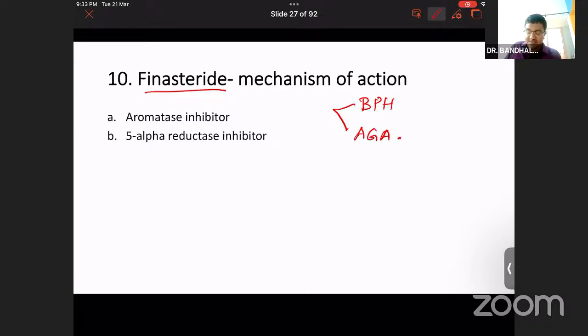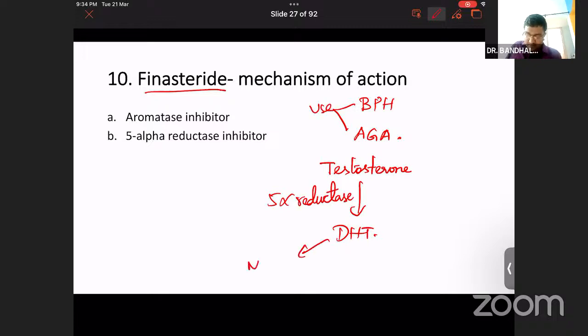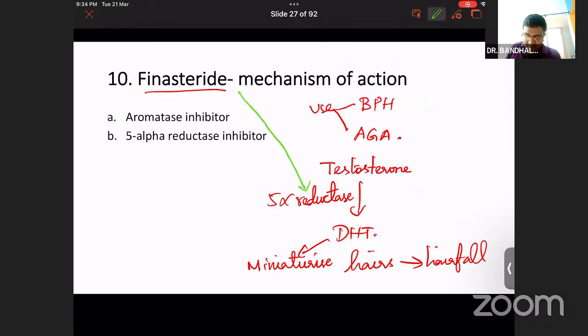Because in androgenetic alopecia, there is testosterone in males, which is converted into dihydrotestosterone by an enzyme known as 5-alpha reductase, which leads to miniaturization of hairs, and there will be hair fall. Finasteride mainly acts by inhibiting 5-alpha reductase. So that is the answer.